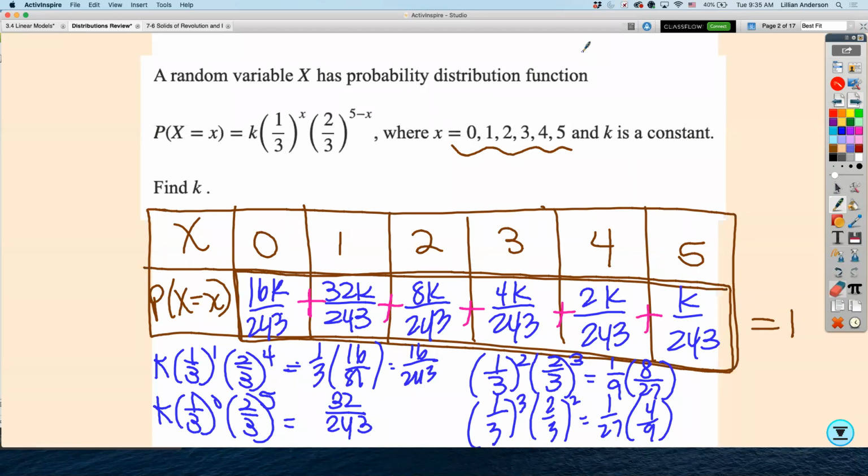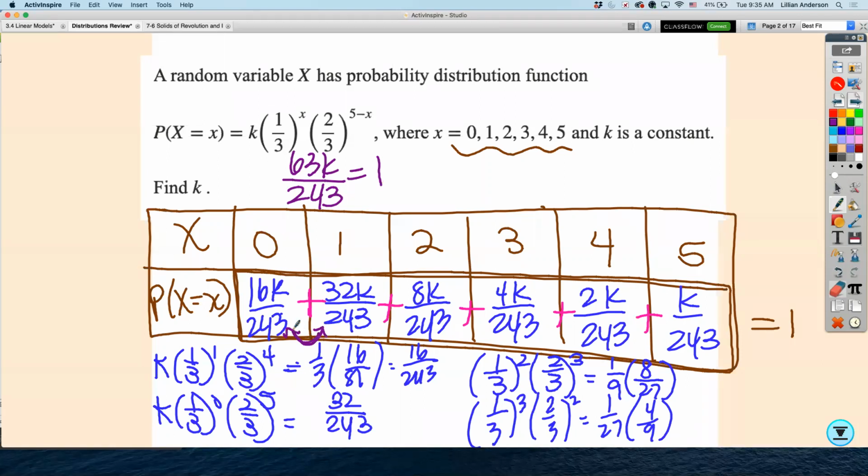So what you needed to do was add all of those probabilities and set them equal to 1. Since all the denominators were the same, I'm adding 16, 32, 8, 4, 2, and 1 to get 63K is equal to 1. And I just realized I had these two backwards.